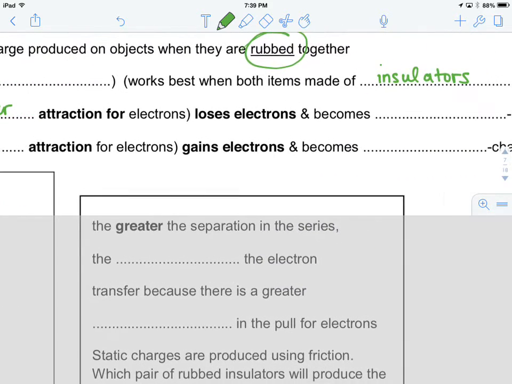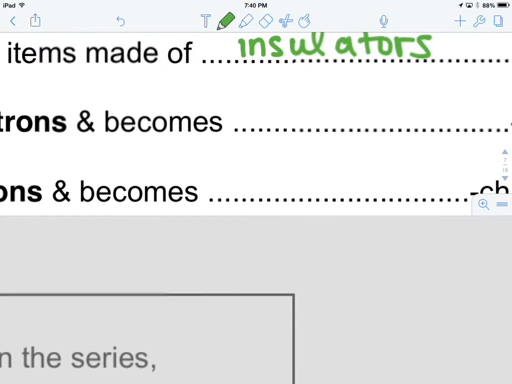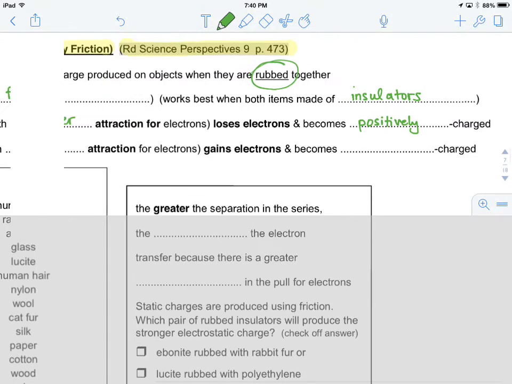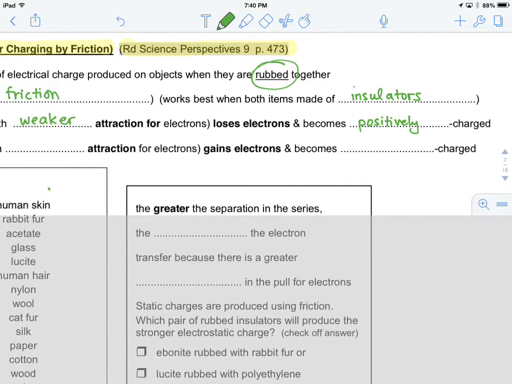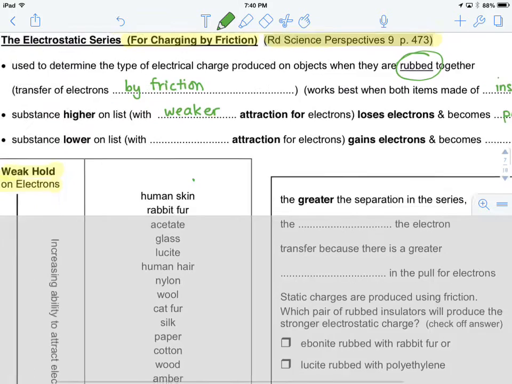They're going to lose electrons, and if they lose electrons, they become positively charged. That's important to know because, of course, electrons are negative.